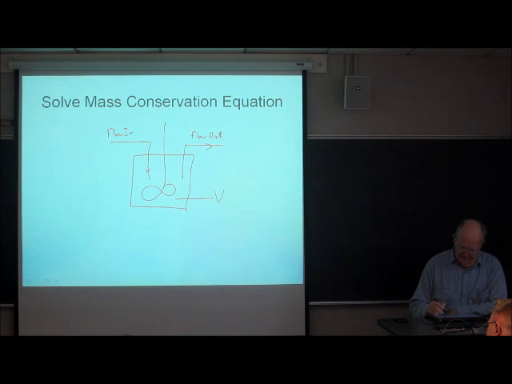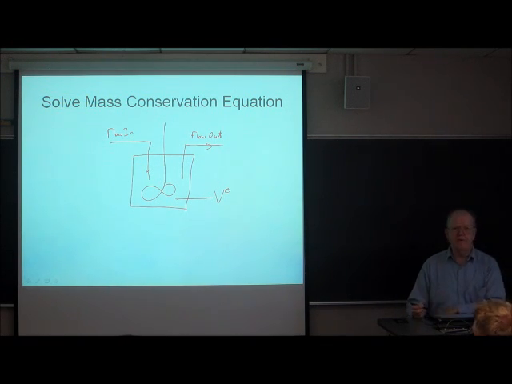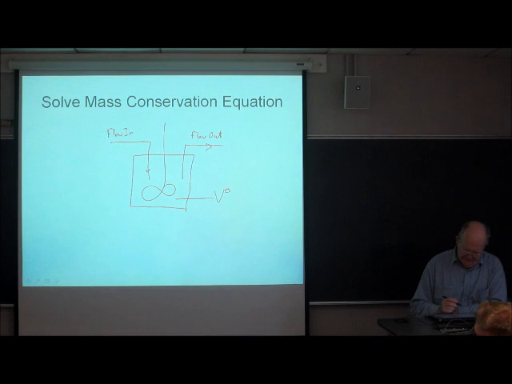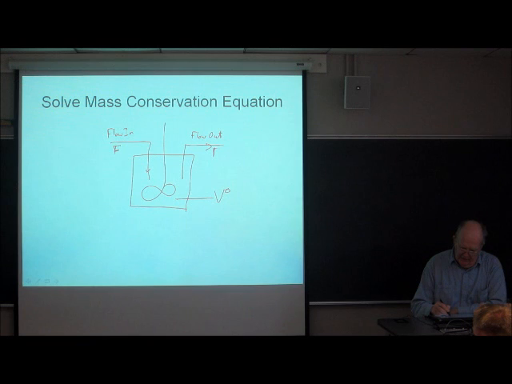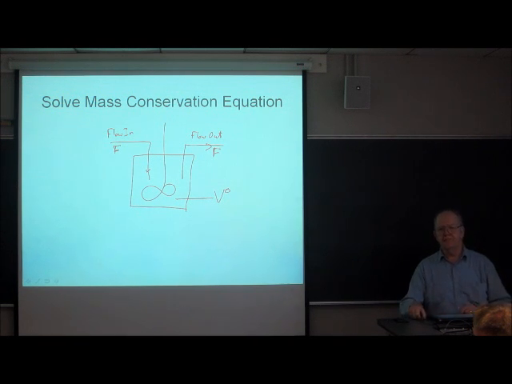And the volume of this is let's call it V naught. And the cell is going to be completely full of some liquid. And the flow in is going to be F, and this will be volume per unit time. And the flow out will be the same thing.